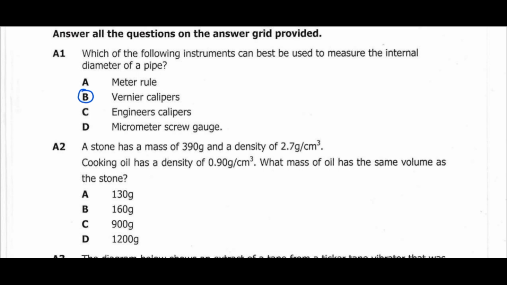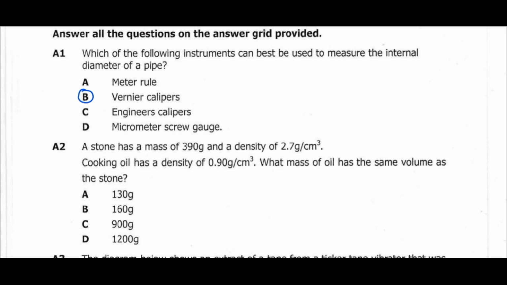So we want to find the mass of the cooking oil, if we measure a volume that is equal to the volume of the stone. So here we are going to do this.